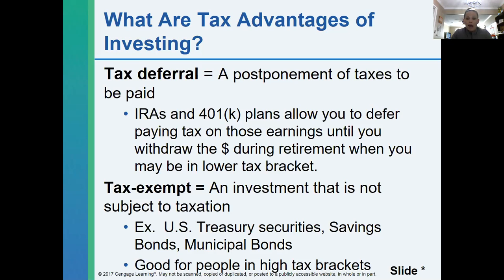You pay when you take it out. Typically, when you retire, you're in a lower tax bracket. Remember, your tax bracket is based on how much money you make. So when you're working, you're in a higher tax bracket. When you retire, your income is solely what you pull out of these retirement plans, or Social Security, or other things that are paying you.